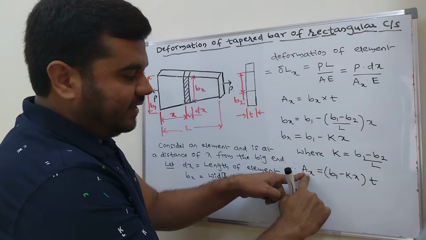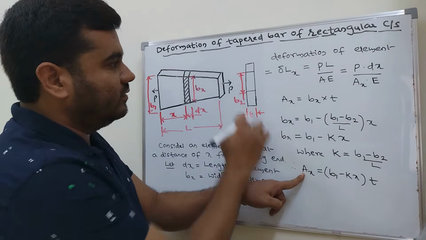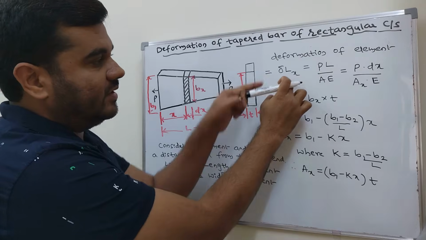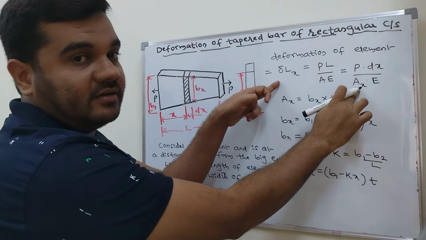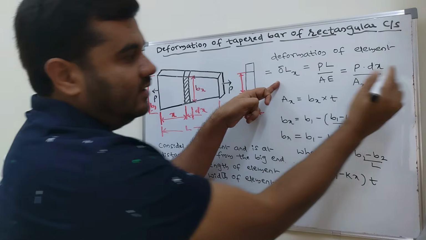Now that we have the area of the element, we need to find the deformation, because the deformation has area in the denominator.